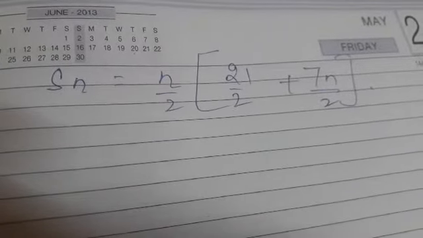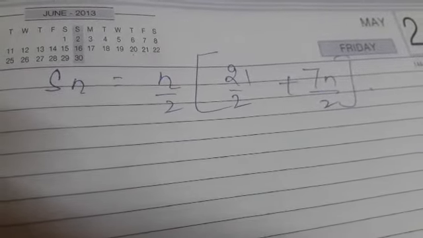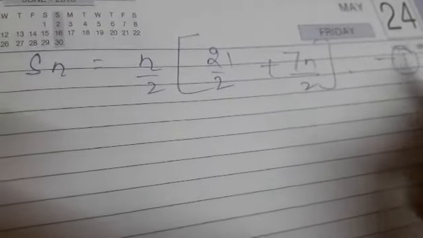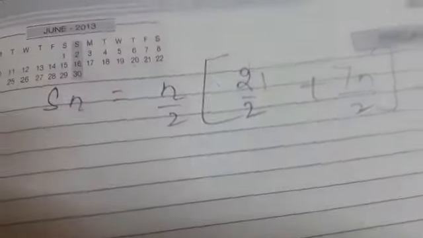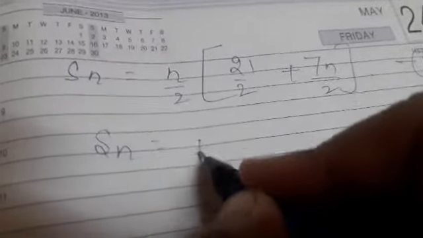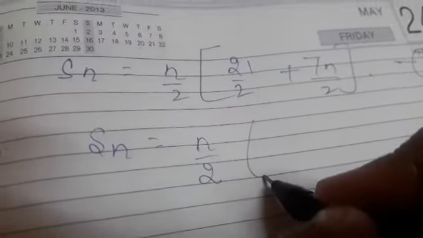Now as you can see, I leave it here and put it as equation number 1. Then the next formula, that is Sn is equal to n by 2 into a plus l.